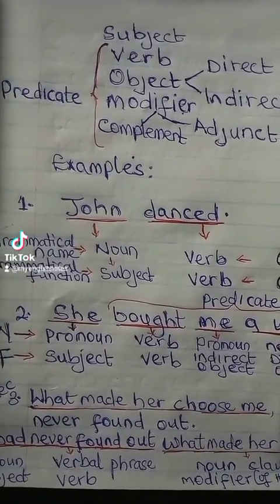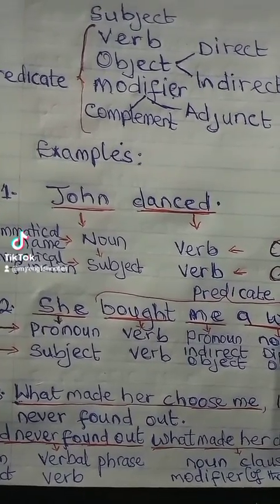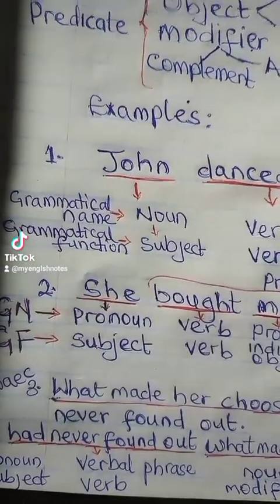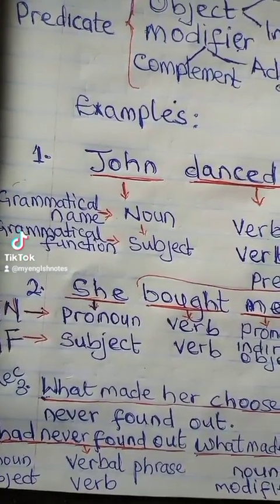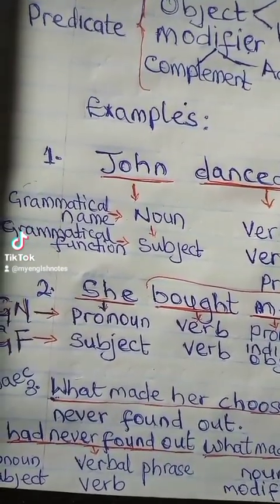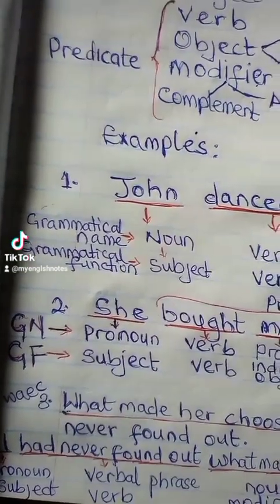John danced. That's our example number one. What's the grammatical name for John in this sentence? The grammatical name is noun. John is a proper noun, and John is functioning as the subject of the sentence.